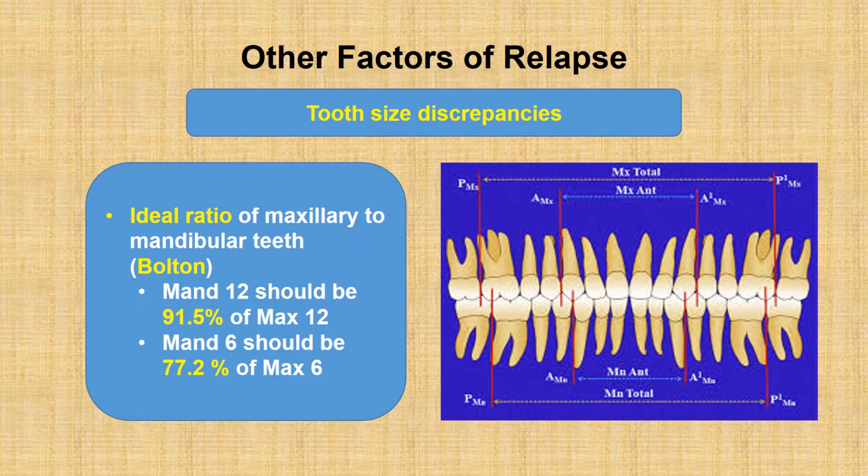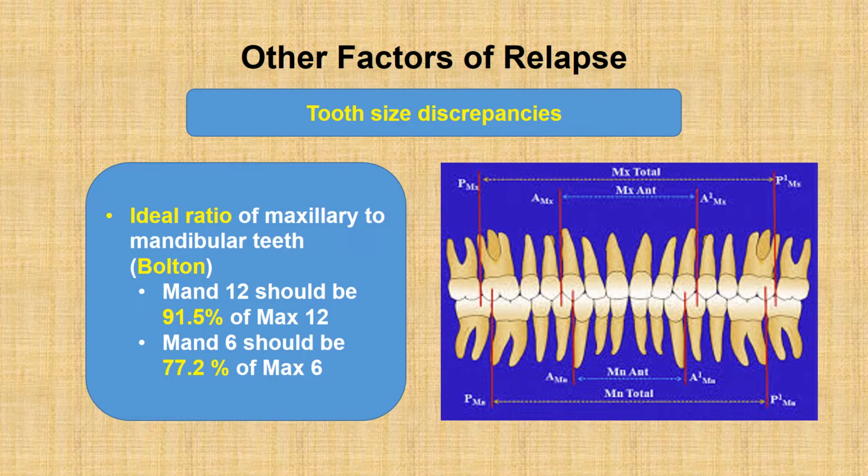Now, other factors involved in relapse, one is tooth size discrepancies. Bolton believes that there is an ideal ratio of the maxillary teeth to the mandibular teeth.